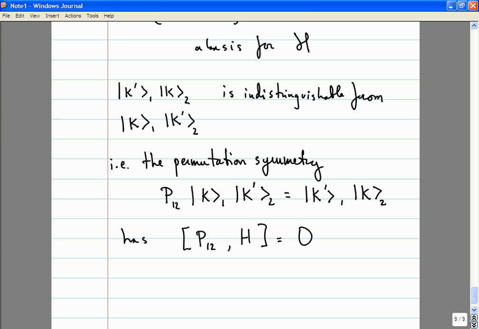And just as with parity, P12 squared is equal to 1, so that the eigenstates of the permutation symmetry have eigenvalue plus 1 or minus 1.